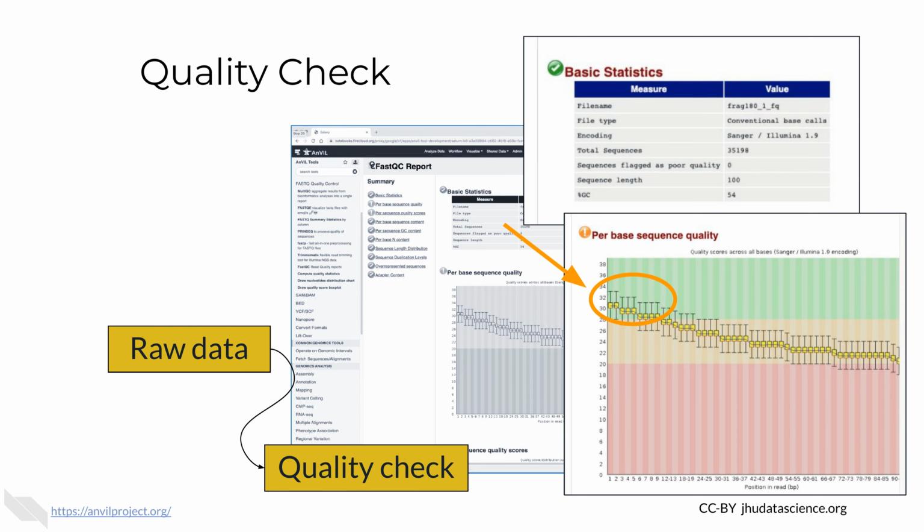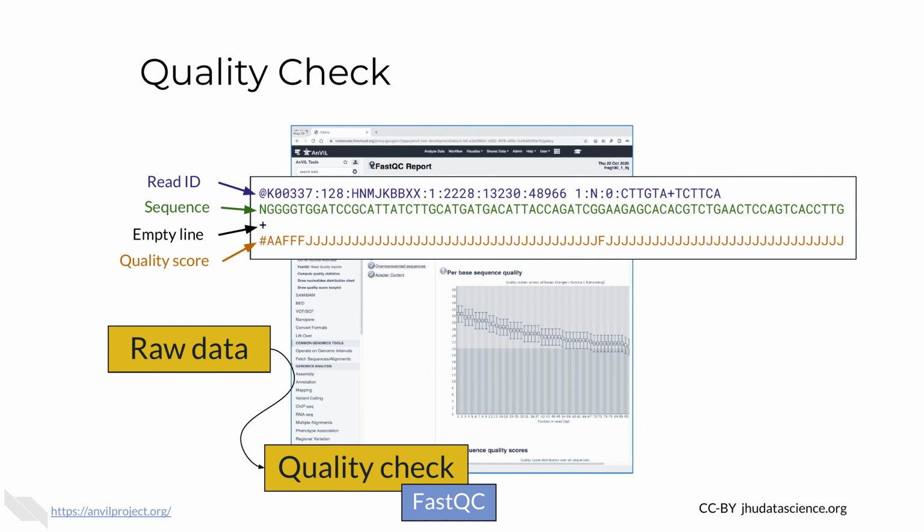If you see box plots in the green, that means quality is good. However, if you see box plots in the orange or red, that could mean there is a quality problem that needs to be addressed before proceeding. FastQC will use the quality scores from each read to help us determine if any data is low quality. It helps us feel confident that we can move forward with our analysis.